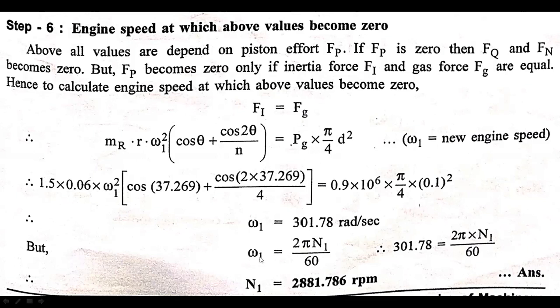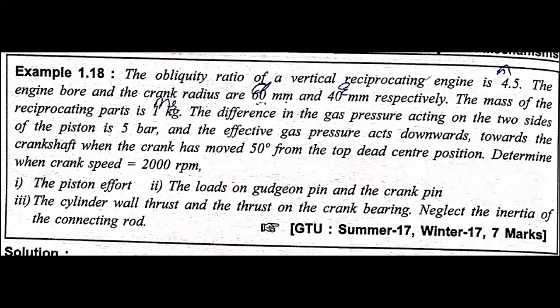And omega 1 is equal to 2 pi n 1 upon 60. So we get the speed of the engine where the above values are zero as 2881.786 rpm.